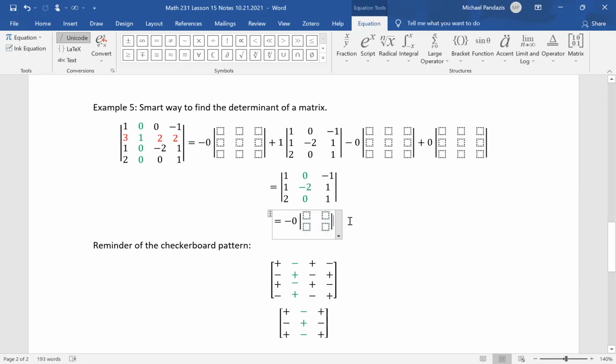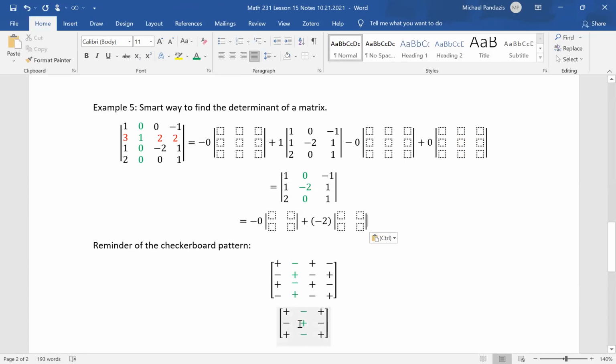I would suggest you do it in the same method: first put the entries in, then put the determinant symbol in, and then fill in the matrix. Here it's a negative of that term. Now it's a positive of this term, so it's going to be plus -2 times the determinant.